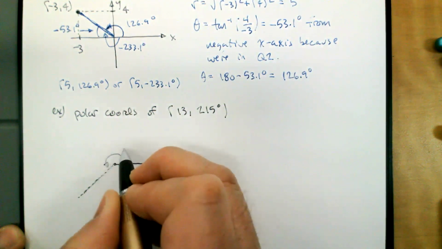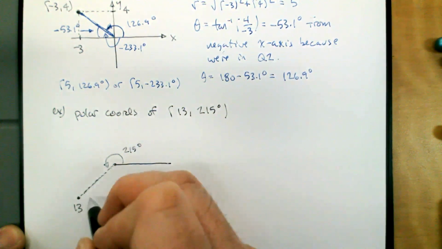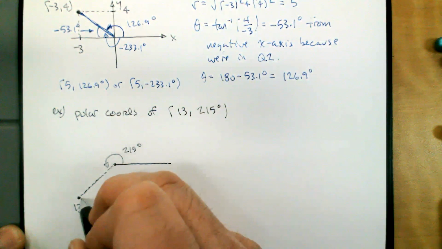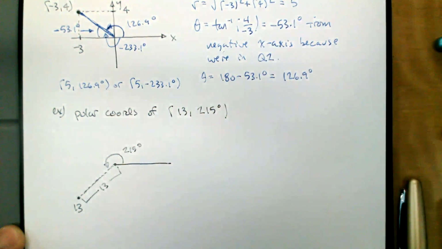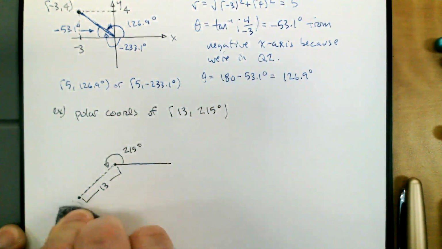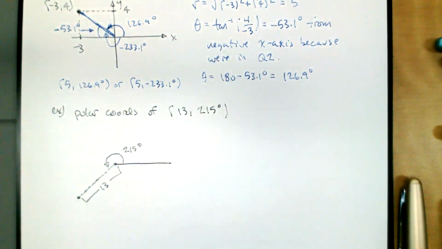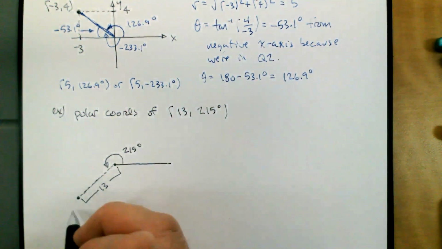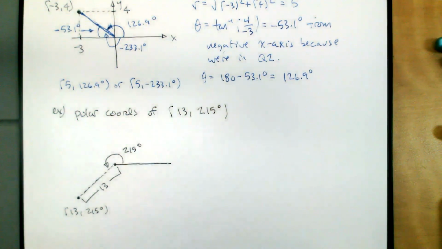Here's where the 215 would go, and we would be 13 units away. And we want to figure out the x and y coordinates of that point. So the coordinates in polar coordinates, I would just say 13, 215 degrees.